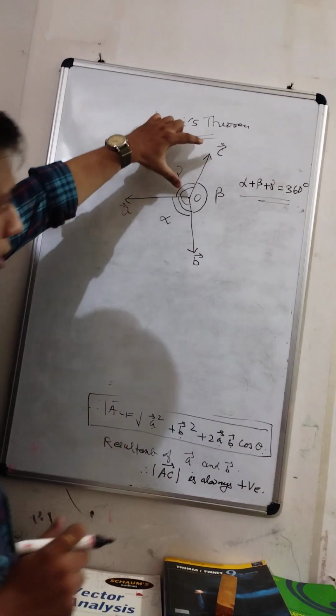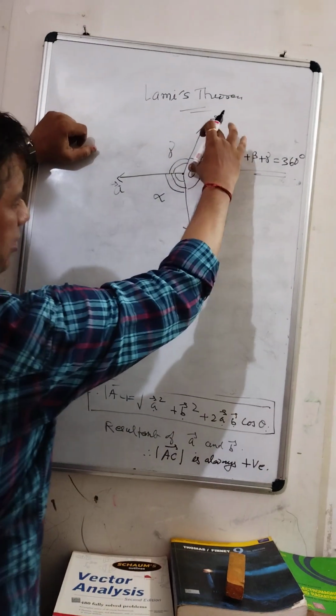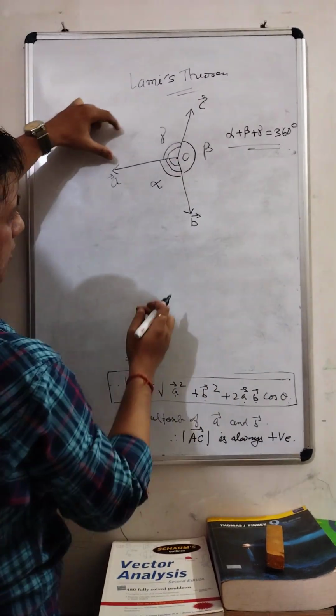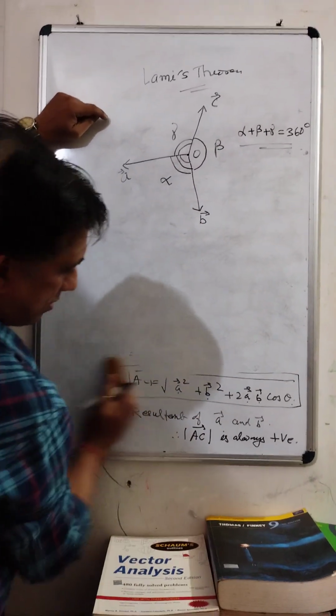Now this is a vector. B, this is represented as, the same figure can be drawn like this.